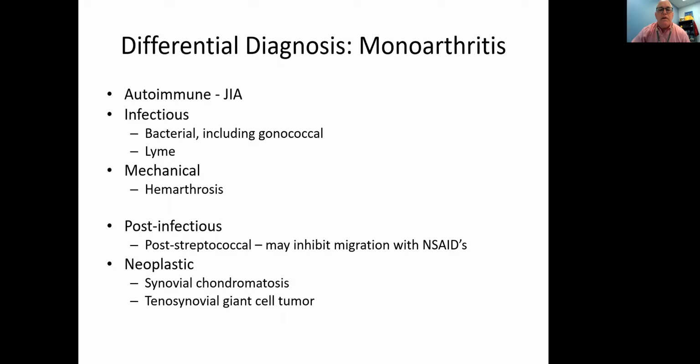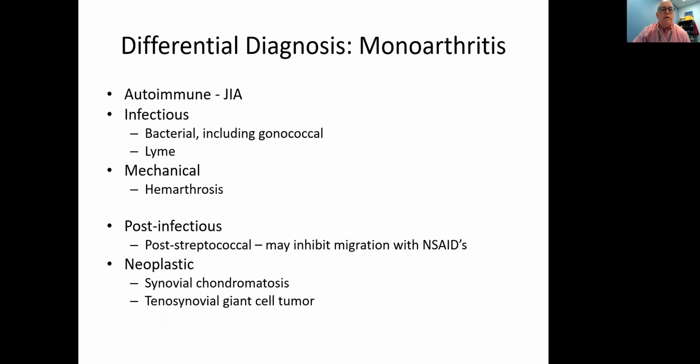So that's a relatively acute presentation, but later in the course of disseminated gonococcal infection, it can settle into one large joint. The patients may not be febrile, and you grow it out of the joint. So having a low threshold for thinking about that in teenagers is important.